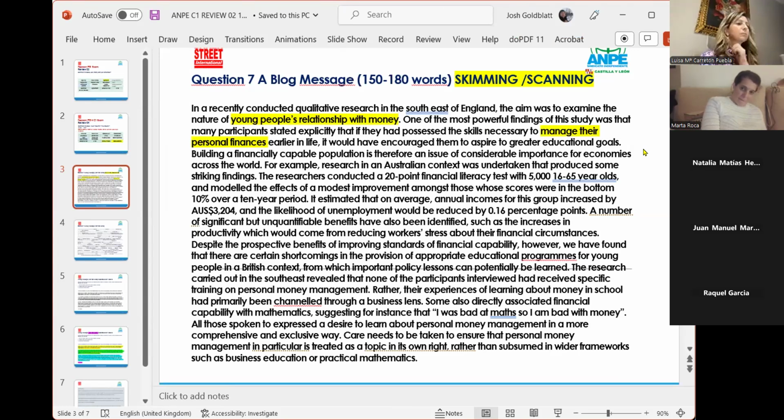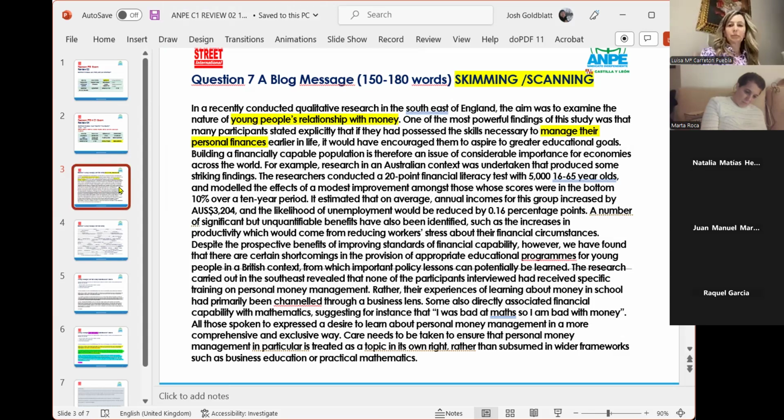And scanning is a little bit different, because when we've seen that the subject is young people and money, then we start to scan for specific words which are connected with young people and money. So we do the skimming, and then the scanning, we pick the words that we like.